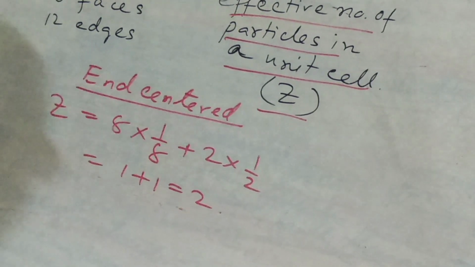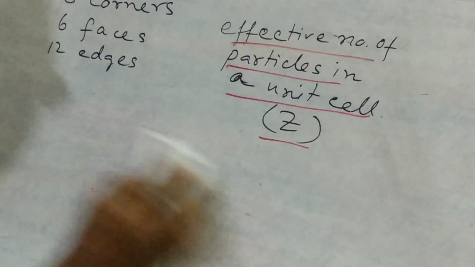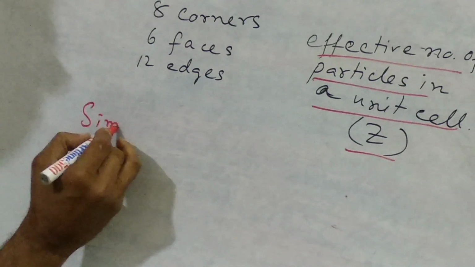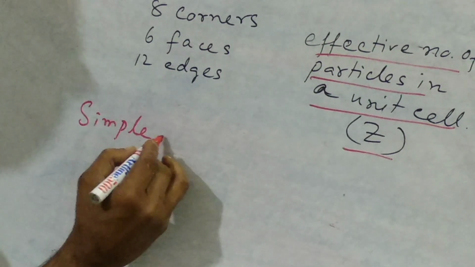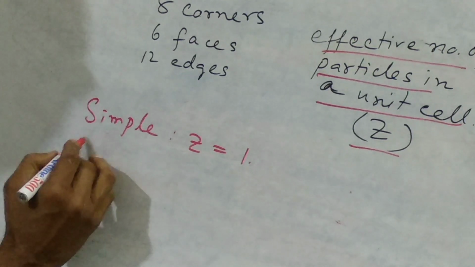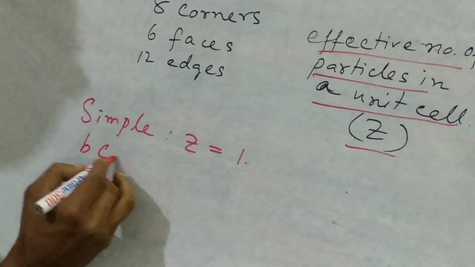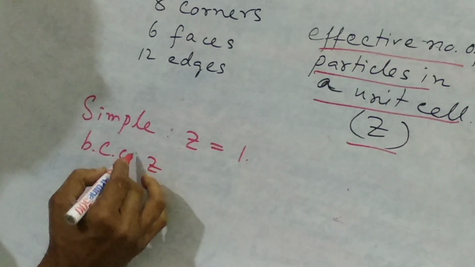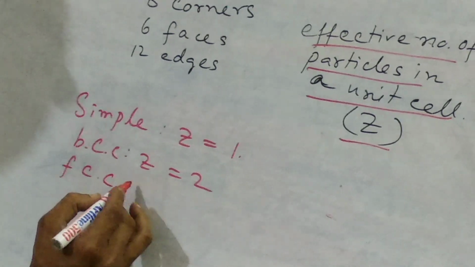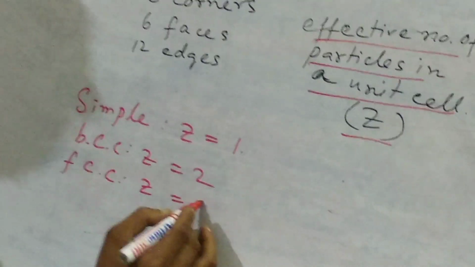So we summarize all the cases. For simple cubic unit cell, the effective number of particles equals 1. For BCC, the effective number of particles is 2. For FCC or face-centered cubic, the effective number of particles is 4.